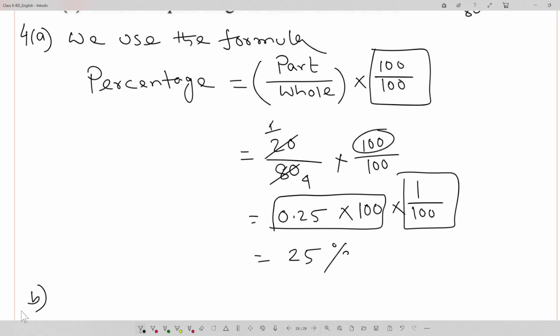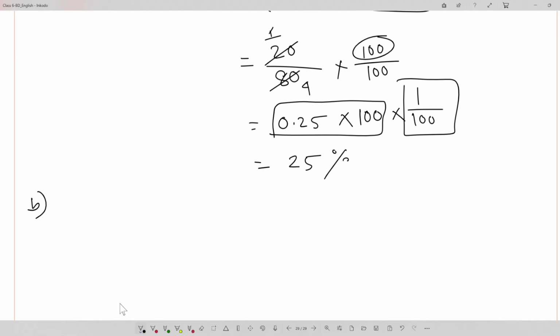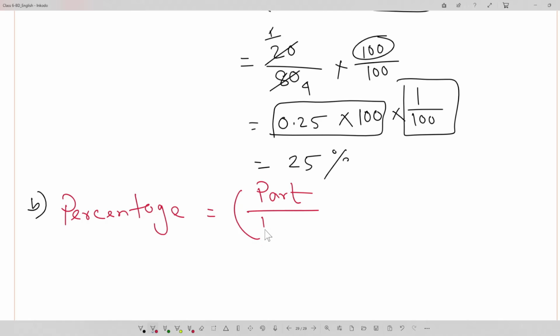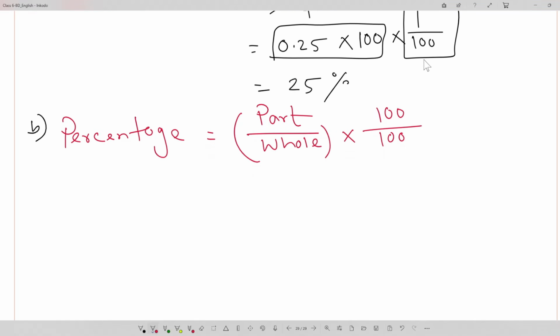What about number B? Number B, what is the percentage of 75 taka of 120 taka? So similar thing, we are writing percentage equals part by whole, times 100 by 100. Okay, so 75 and 120.